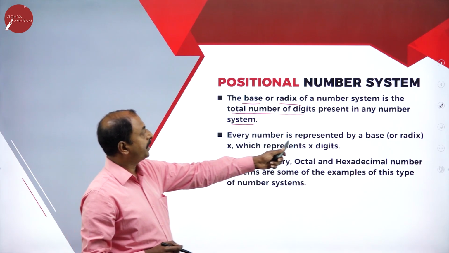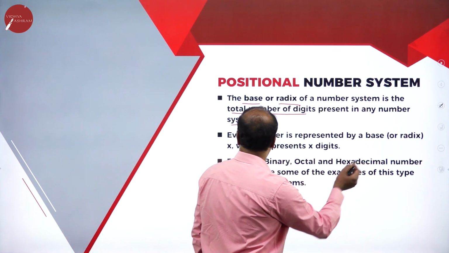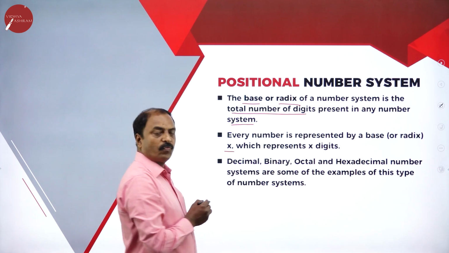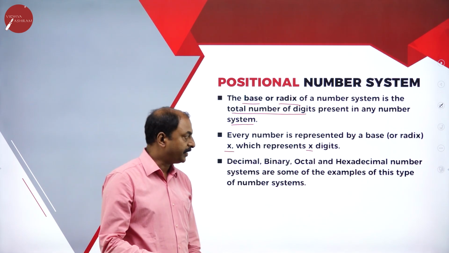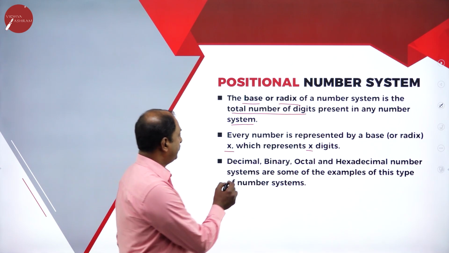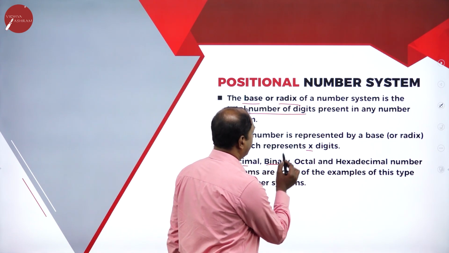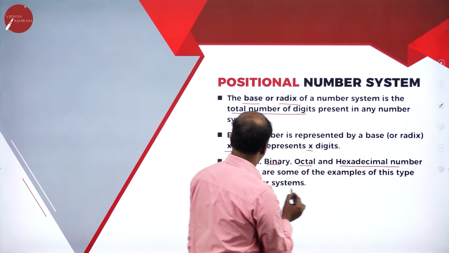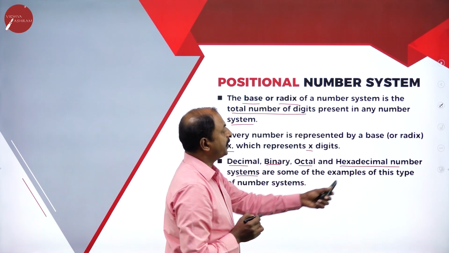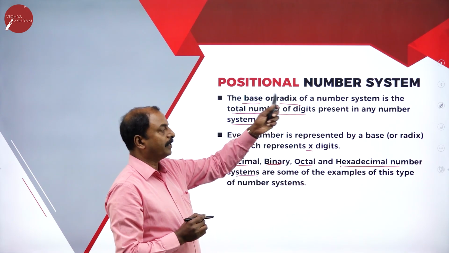Every number system is represented by a base or radix, say X. For example, X is a base which represents X digits. Now the decimal, binary, octal and hexadecimal number systems are some of the examples of this type of number system.